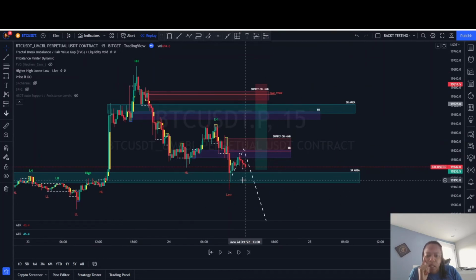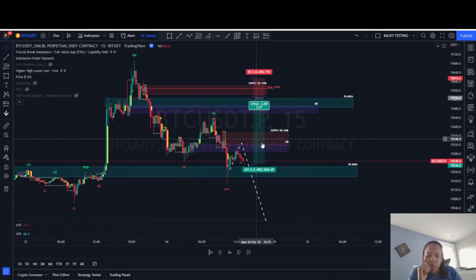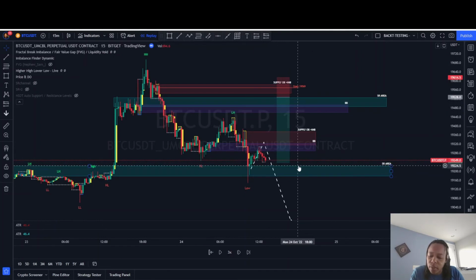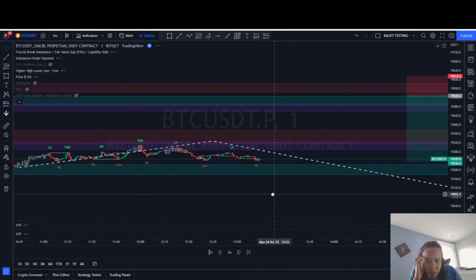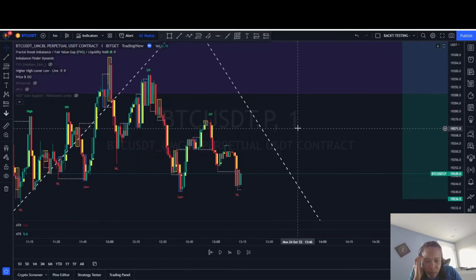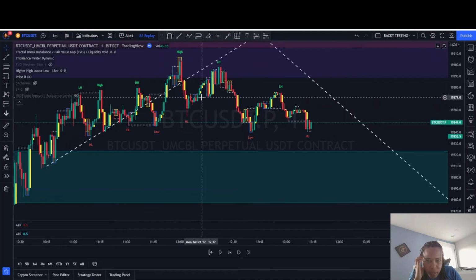Okay, so we got rejected off of this area. That doesn't mean it can't break below it. Okay, so are we making a lower high? So let's go to the 1 minute and see what this is looking like. What I'm looking for is some kind of juicy break that would make me feel like I should have some kind of entry, right?